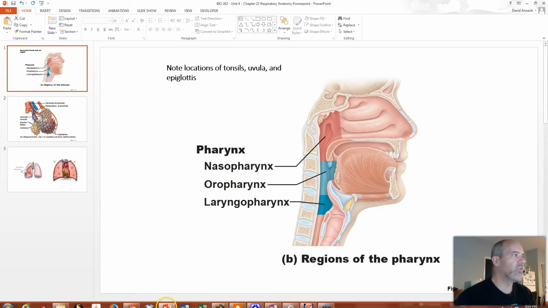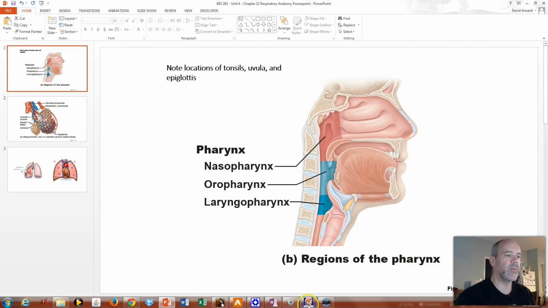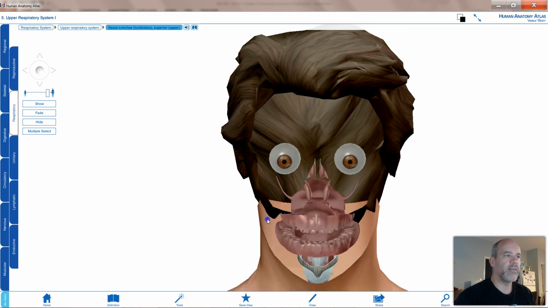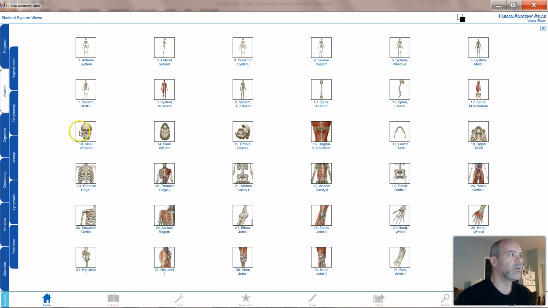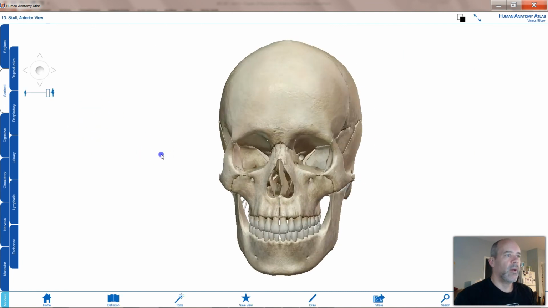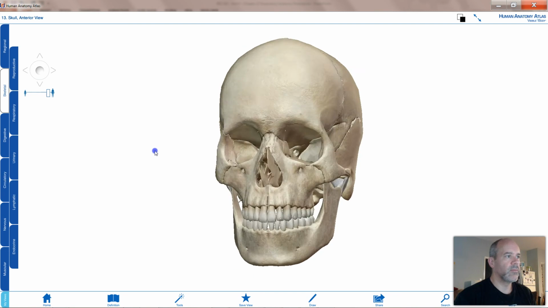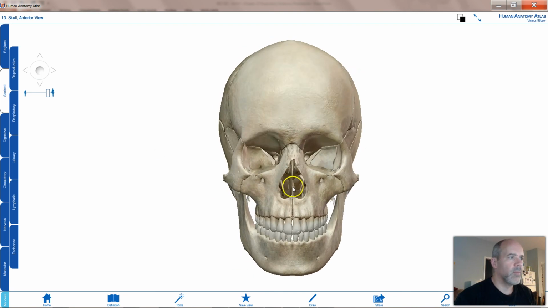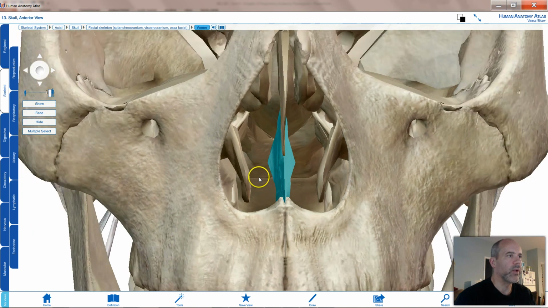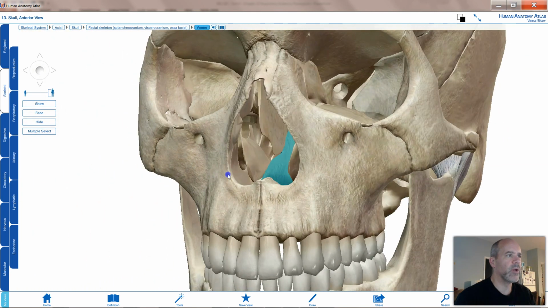How about the nasal septum? So the nasal septum is simply the wall. It's not actually shown in this view on Visible Body. Let me bring up a skull and kind of rotate this around. But this bony wall, oops, well, that zoomed in a little bit farther up this guy's nose than I wanted to go.